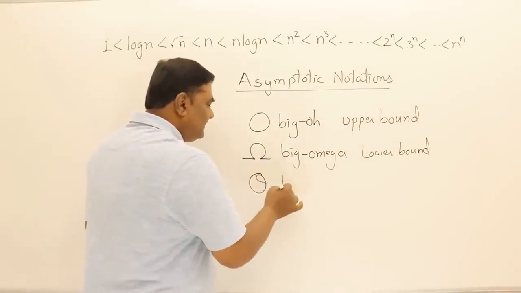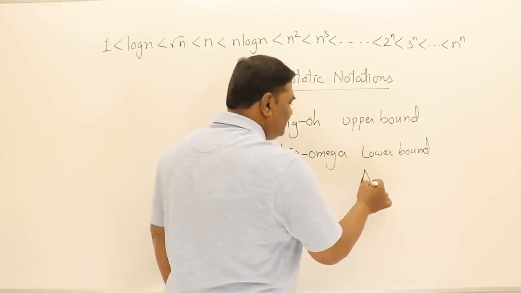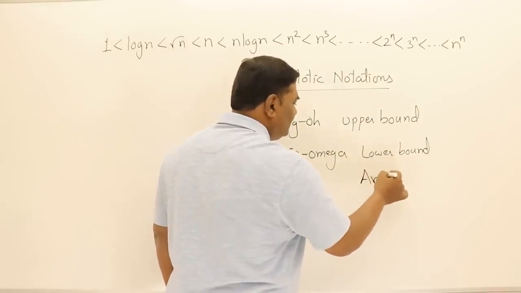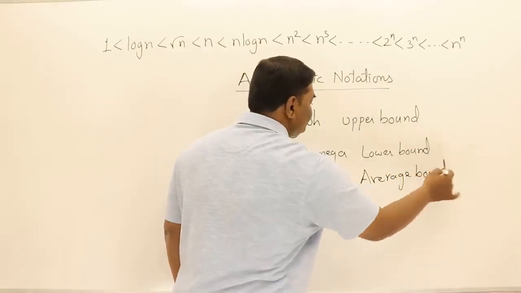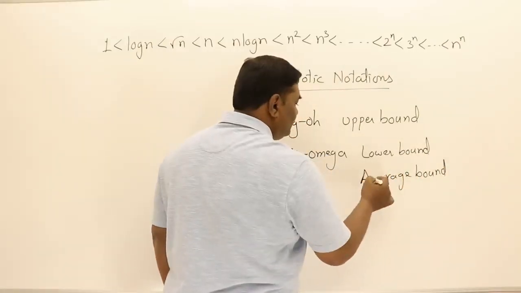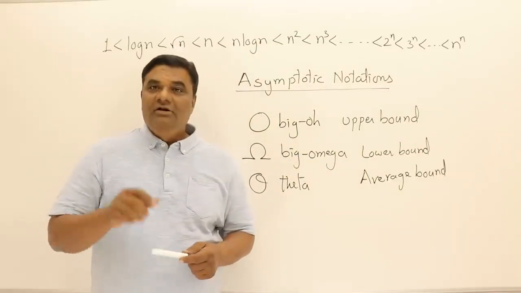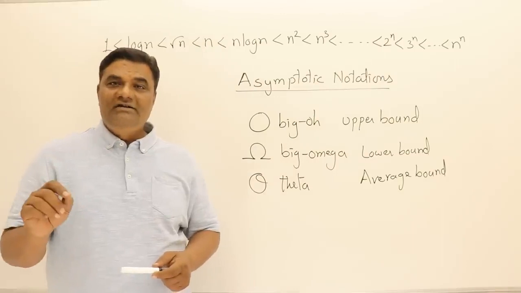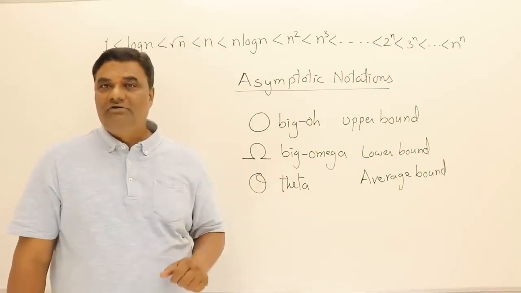And theta notation works as an average bound of a function. Any function you can represent as either upper bound or lower bound or average bound.